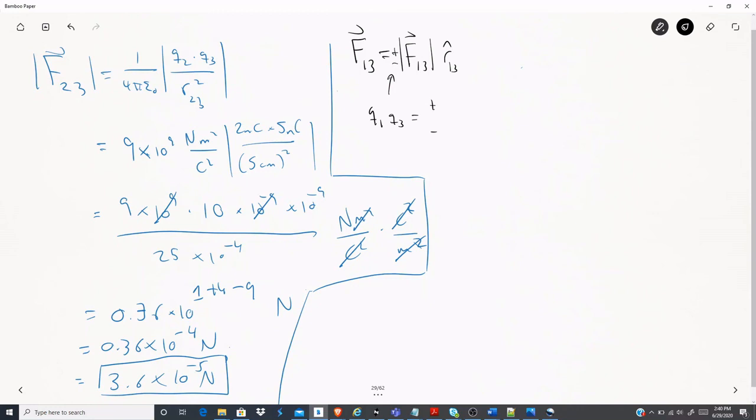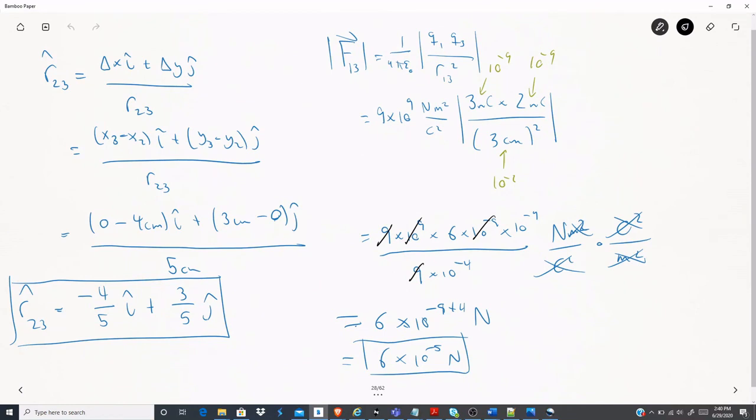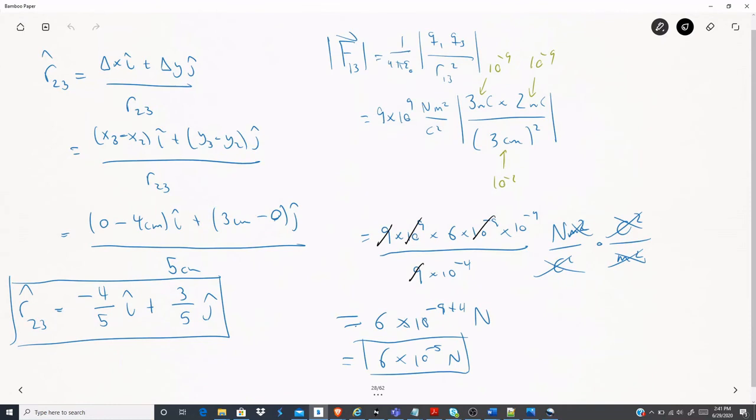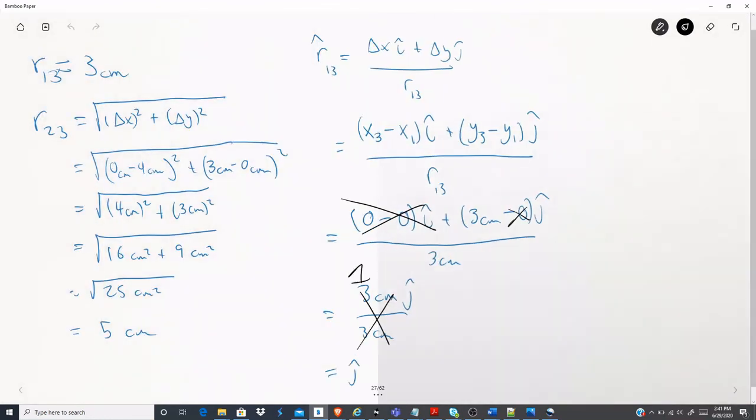So what did I have? Well, Q1 times Q3, first of all, was positive. And if I go back, that actual force was 6 times 10 to the negative 5th newtons. So that's the magnitude. Then the direction is in the form of R13 hat, which was just j hat, right?